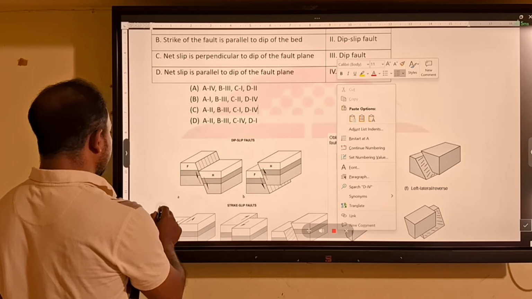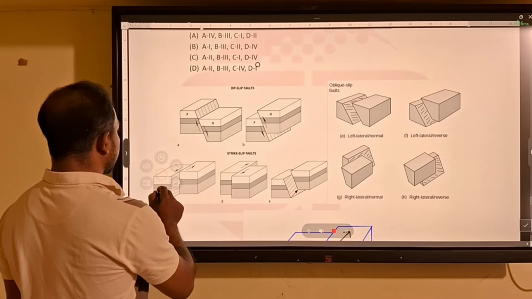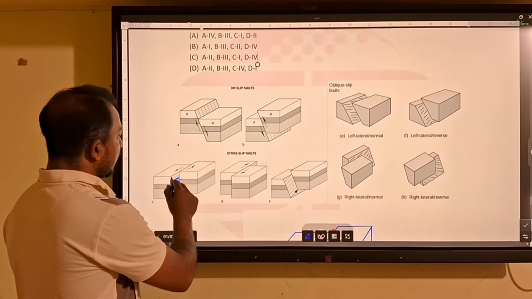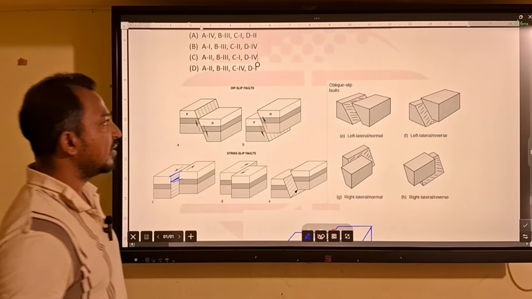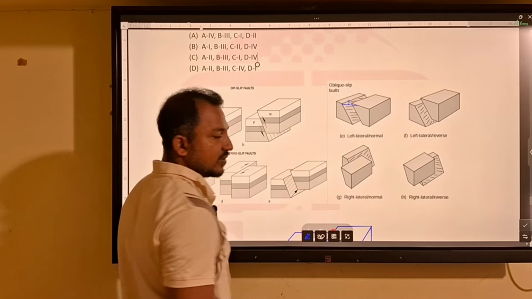Now the net slip is perpendicular to the strike of the fault plane, so it is dip slip fault. Here you can see the net slip. It is parallel to the strike of the fault plane. Here net slip is oblique to the fault plane, so it is oblique slip fault.